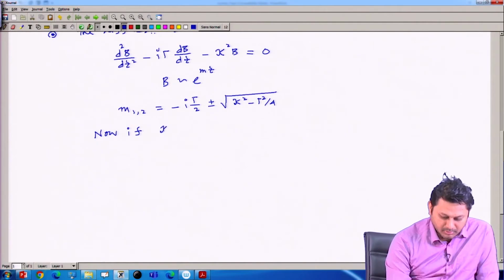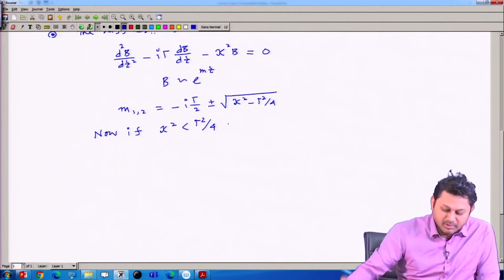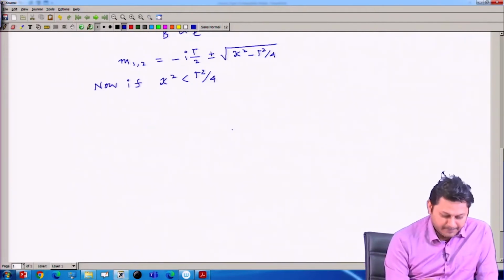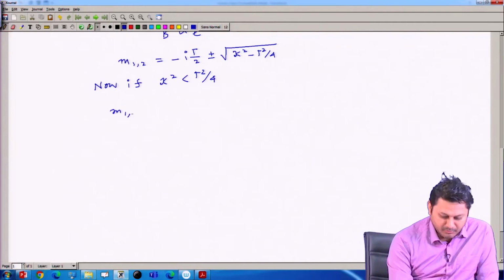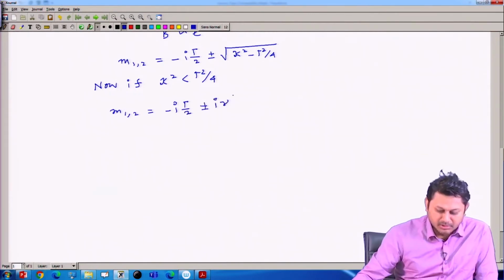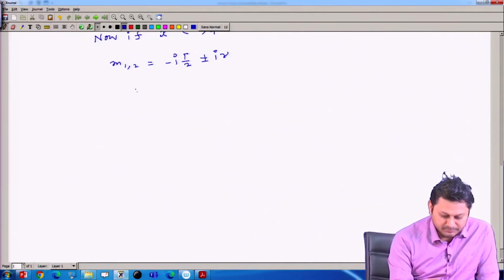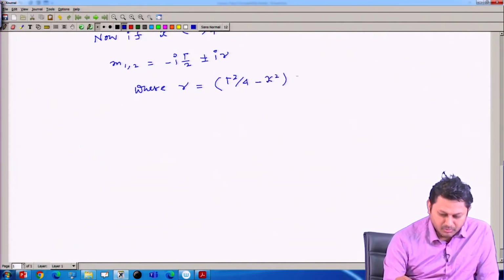Now, if kappa square is less than this quantity, then what happens? I should have a solution something like m1,2 equal to minus i gamma by 2 plus or minus i small gamma, where the small gamma is equal to gamma square by 4 minus kappa square, whole to the power half.